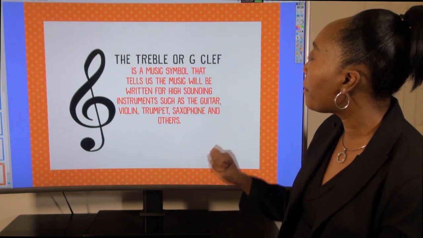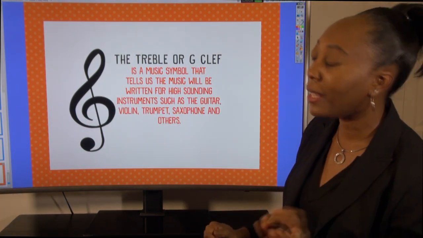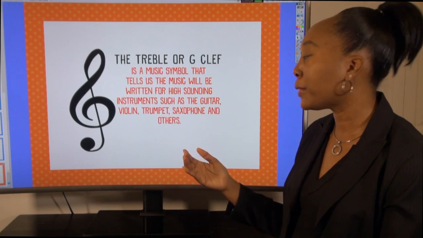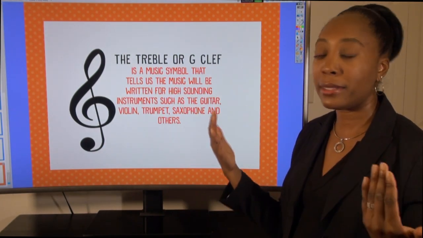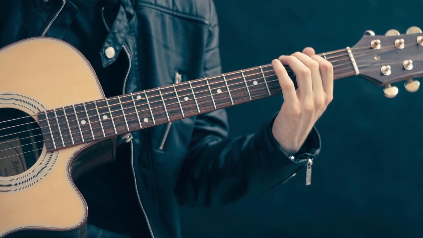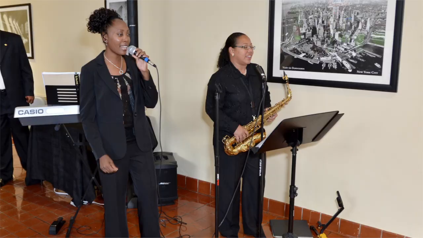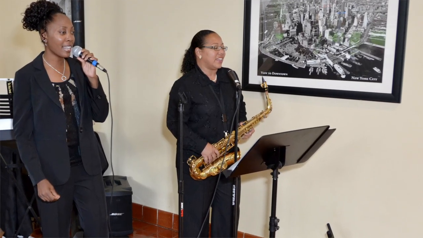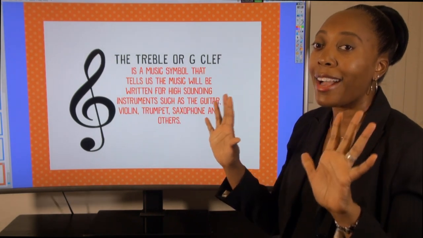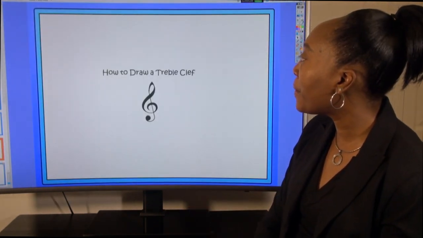And it's also important to mention that the G clef, or the treble clef, is really used for high sounding instruments or high voices. So if you know about the guitar, and the violin, the trumpet, oh, the saxophone, and a couple of other instruments. So the treble clef, just think high, all right? All right, so let's learn some more.